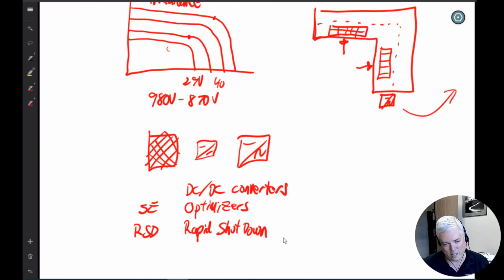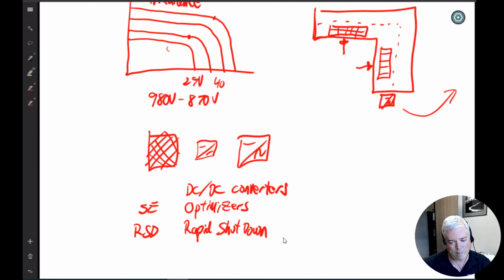But don't forget that as long as sunlight is hitting the modules, they're producing DC power through the house to the inverter terminals. It's not going past that, but there's still power in the house on the roof. So as the fire department comes in and sprays their water or cuts vents into the roof, the DC still has power, and that's been a problem for decades.